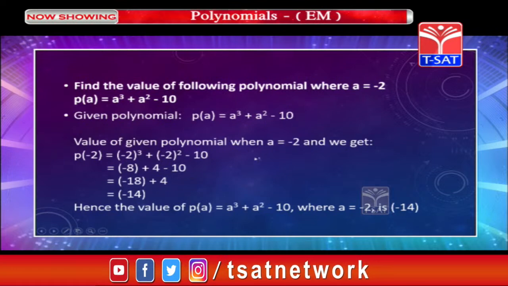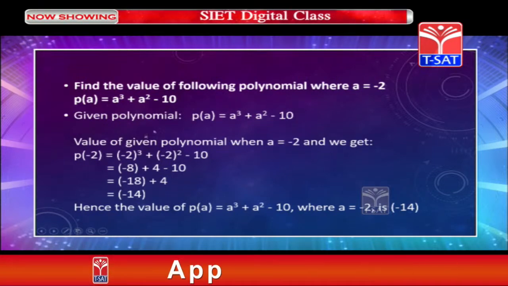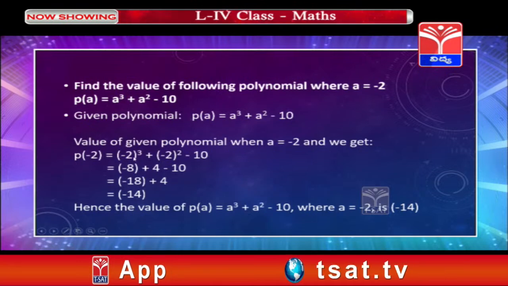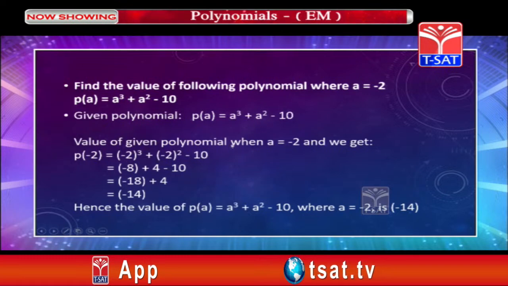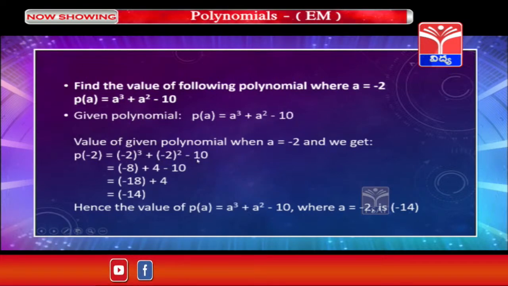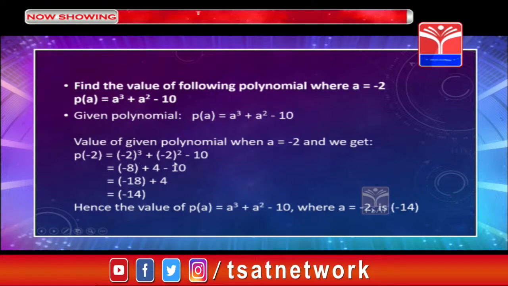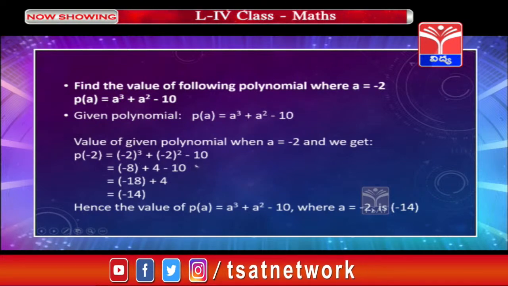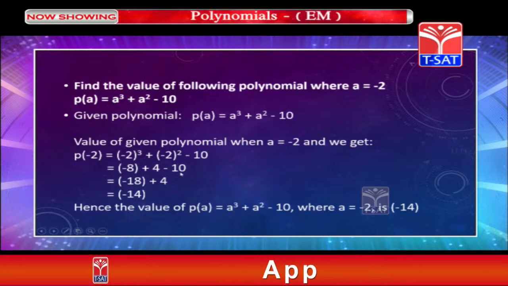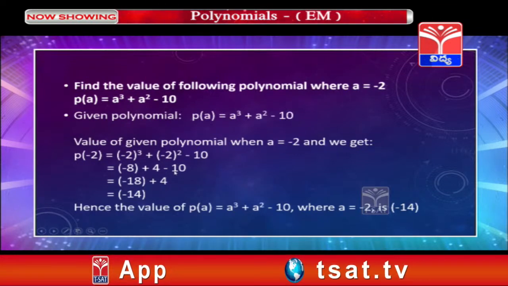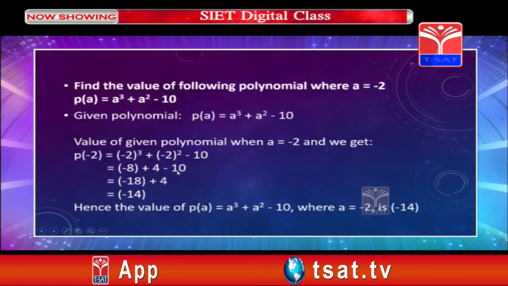So, the value of the given polynomial when a equal to minus 2 is P of minus 2, where at a you substitute minus 2. So, minus 2 whole cube plus minus 2 whole square minus 10. Minus 2 whole cube is minus 8, minus 2 whole square is 4, minus 10. Here, minus 8 minus 10, you have to add the negative values first, which is minus 18, plus 4.